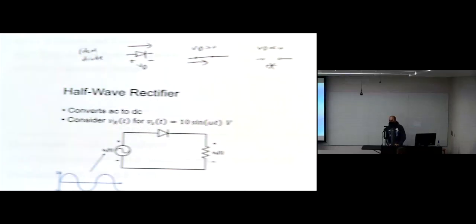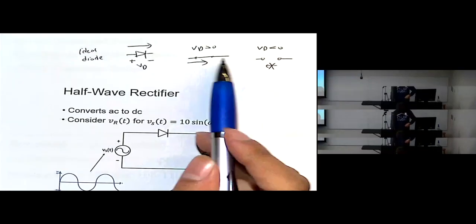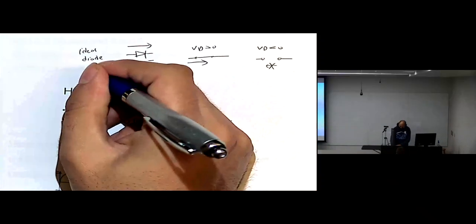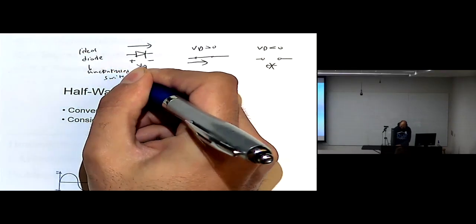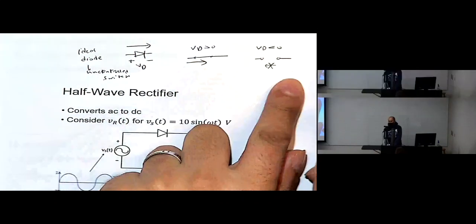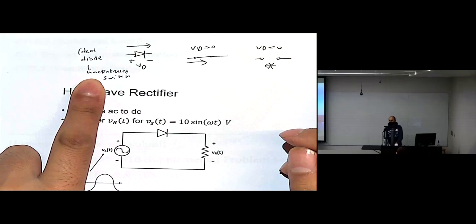So we see it's like a switch, turned on, turned off, but it's an uncontrolled switch. Why is it a switch? Because sometimes it can be on, which is a short circuit, and sometimes it can be off. That's what a switch does. And why is it uncontrolled?